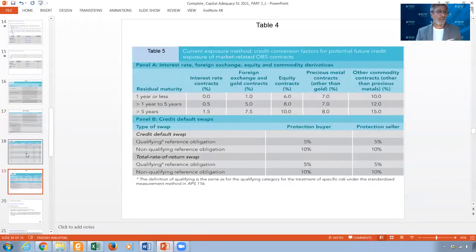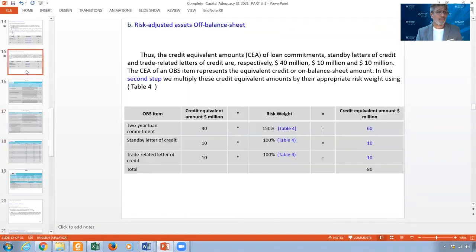So now, this is B. It's 150%, and standby letter of credit is 100%. And as I told you, trade related, you have to take the risk weight according to the rating of the counterparty.